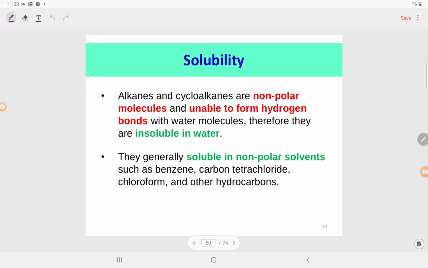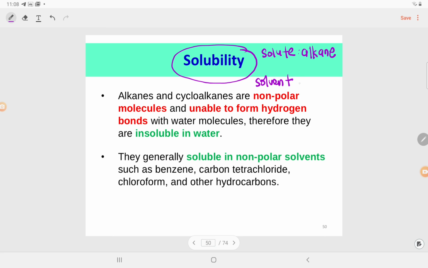Okay, so the second part of the physical properties of alkanes is solubility. In the concept of solubility, you must identify what is your solute and what is your solvent. So right now, we learn according to hydrocarbons, which means our solute is alkane.